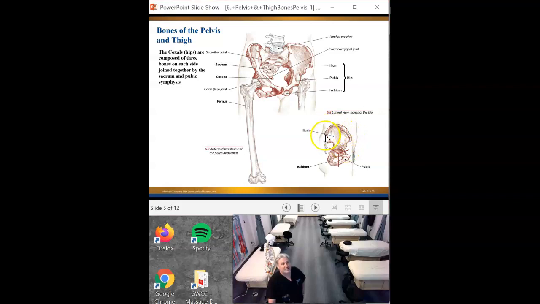Somebody else, what would this bump in back up here be called? Miss Hendrickson. The posterior superior iliac spine. Yes. Awesome. And finally, somebody else, what would this bump below that one be called?